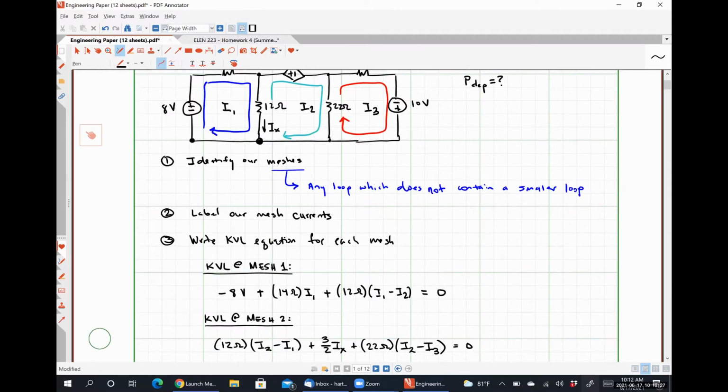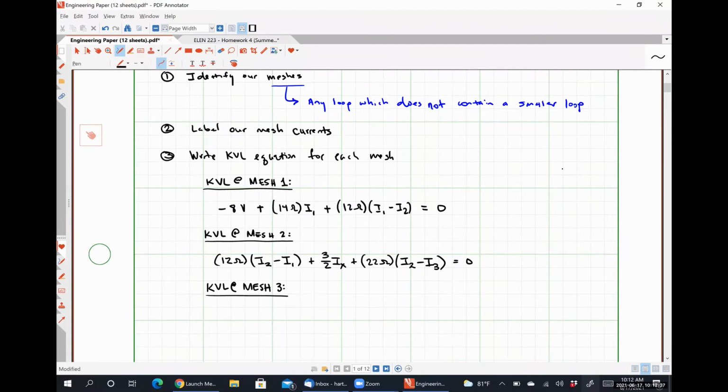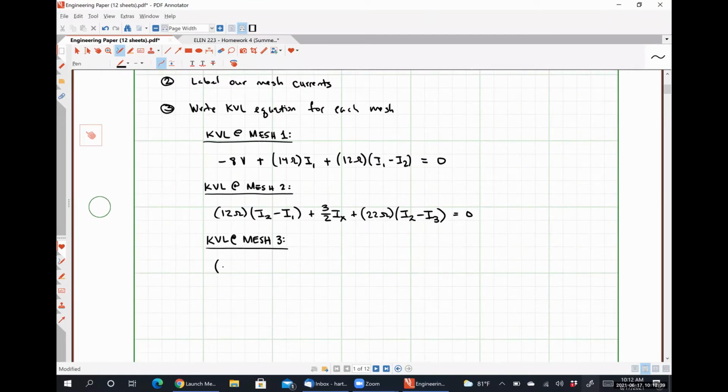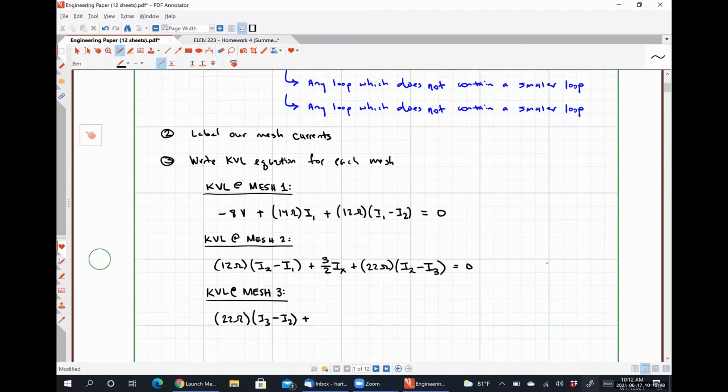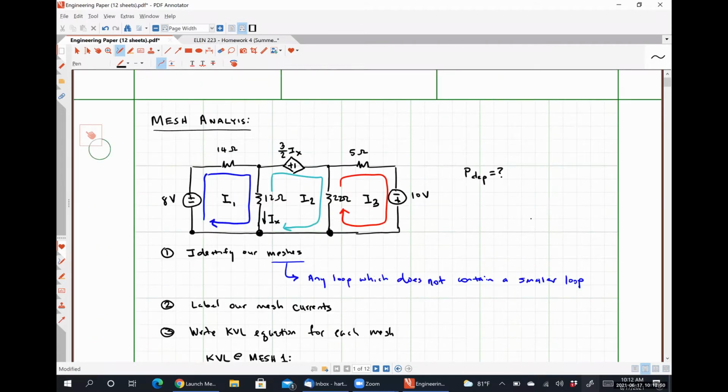So starting at the bottom left-hand corner, I see my 22 ohm resistor. And now, since I'm following I3 around its path, it'll be 22 ohms times I3 minus I2. Then I have a 5 ohm resistor.